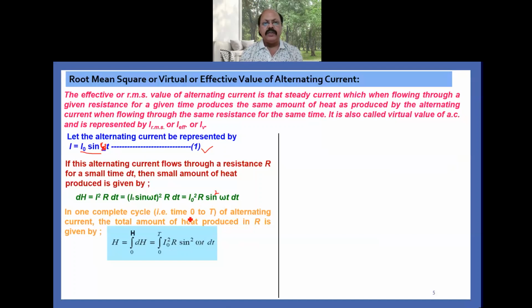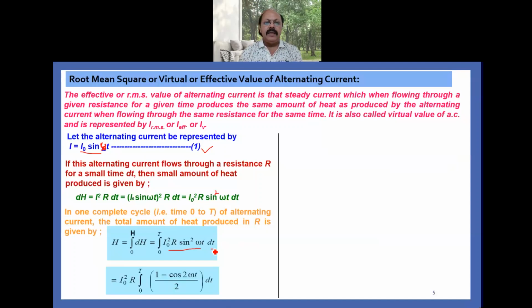So we substitute this value here, and finally the equation becomes H equal to integral 0 to T I naught square R sine square omega t dt.